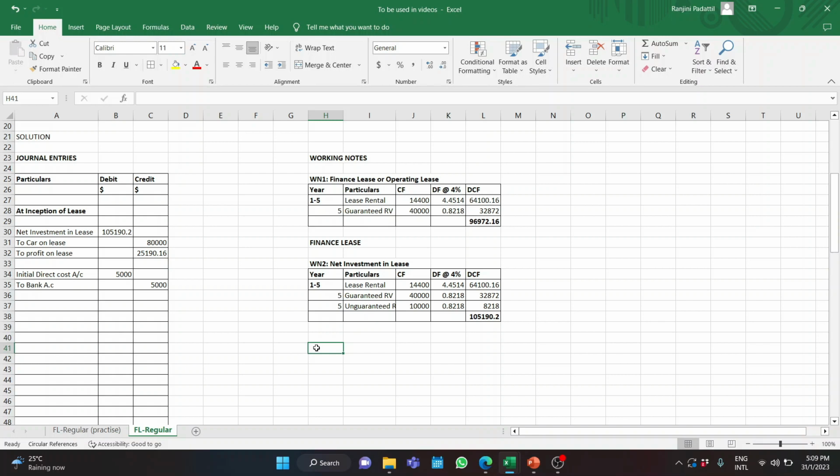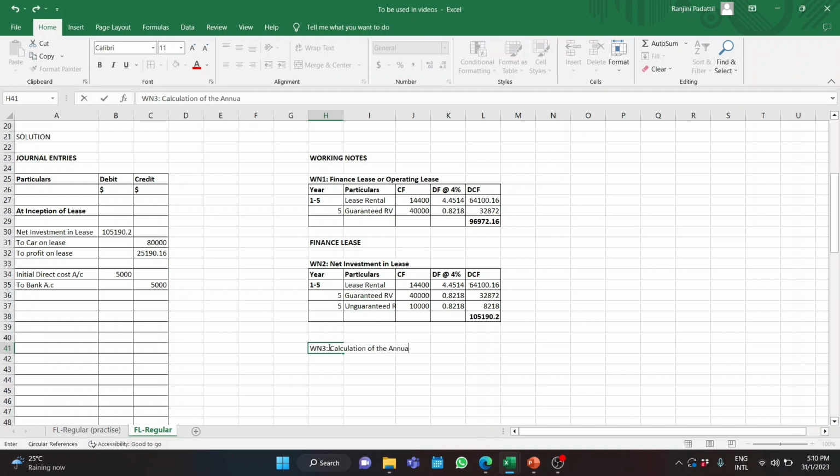But how do I, as the lessor, identify this amount? This amount of 14,400. How did I arrive at that amount? So let me show that to you by using a working note. This will not be asked in the exam. I'm doing it purely for your understanding.